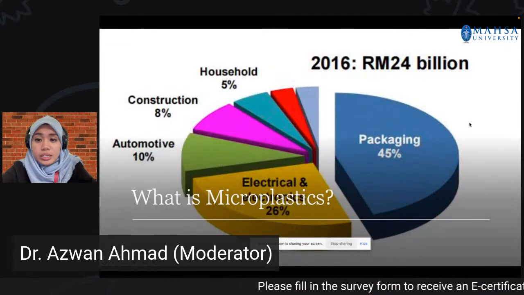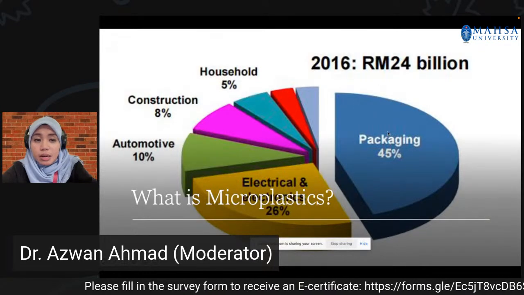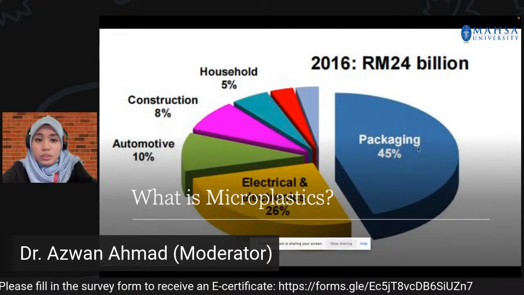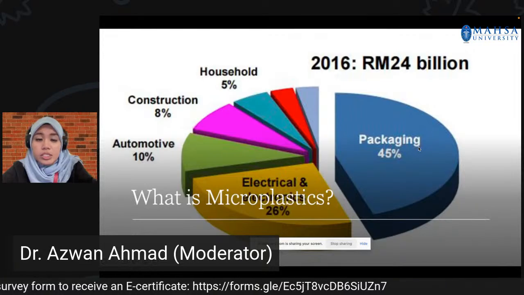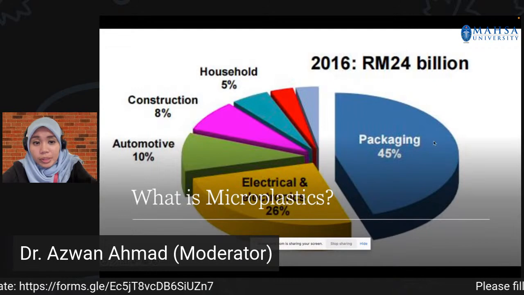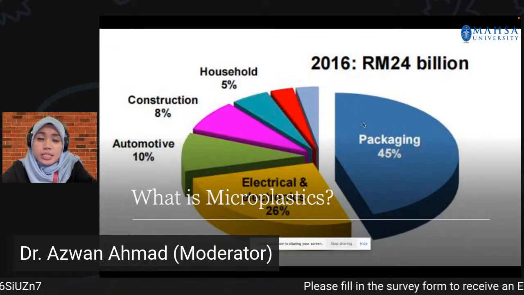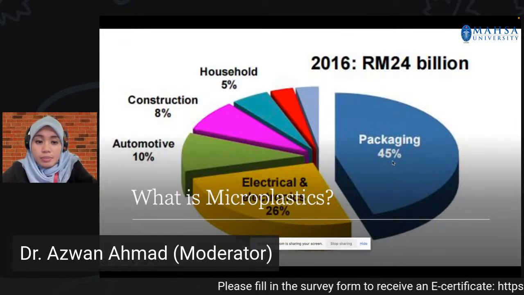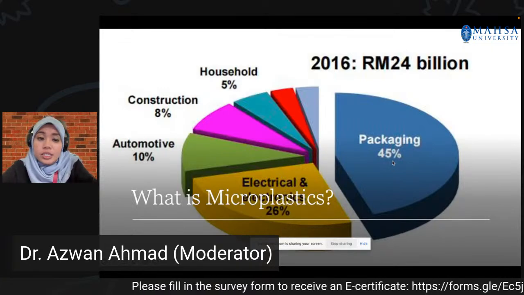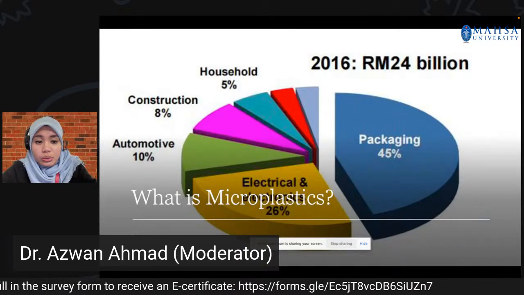As you can see here, these particles can come from a variety of sources, including the breakdown of larger plastic items, the shedding of microfibers from synthetic textiles, and the direct release of microplastic during industrial processes. So what is the scientists' perspective on microplastic? Scientists are researching the effect of microplastic pollution on the environment, and especially on human health.